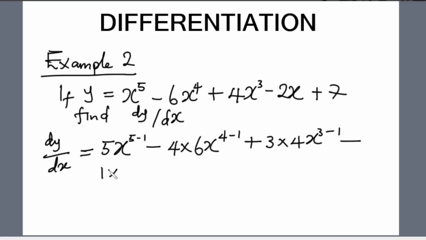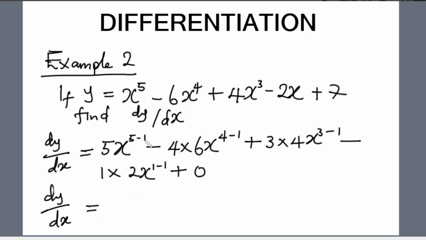So 1 multiplied by 2x, 1 minus 1, plus, since there is no x here, it becomes 0. Now, if you are to differentiate a number that does not have x with respect to x, it is 0.